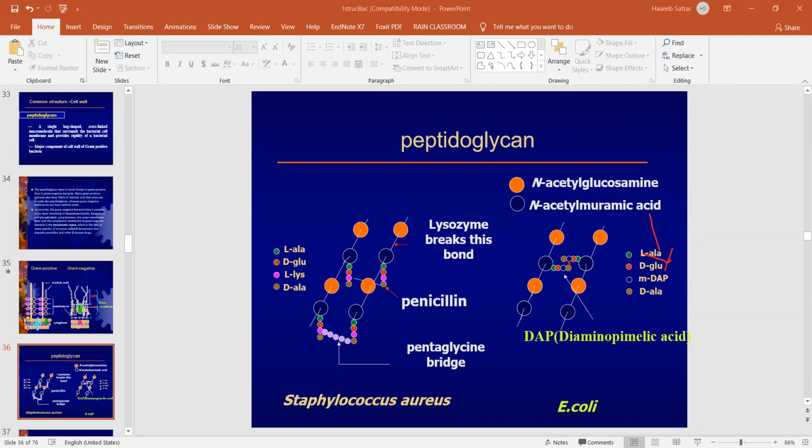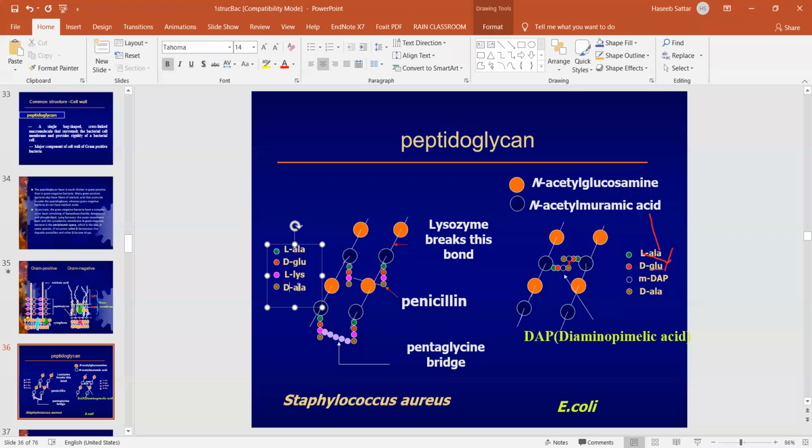On the other hand, D-alanine, in the picture, this one. So D-alanine is responsible for cross linkage between two peptidoglycan chains. Can you see here? What is this?